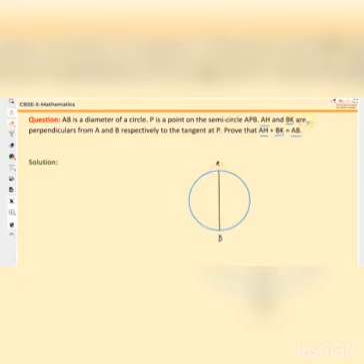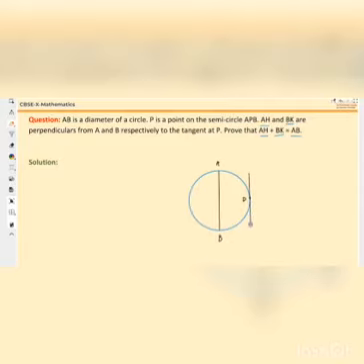And AH and BK are the perpendiculars from points A and B respectively to the tangent at P. Let us say this is a point P. Now let me draw the tangent.